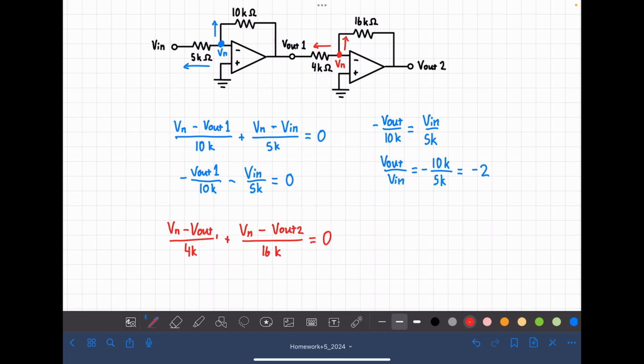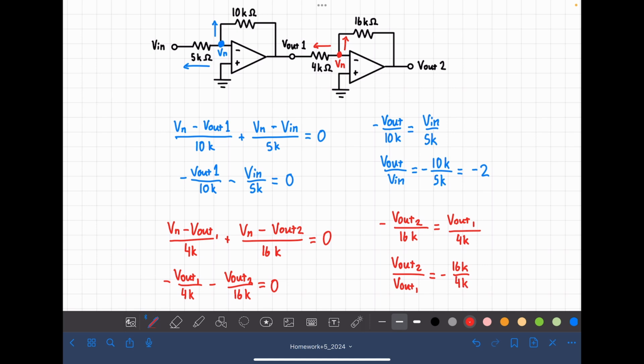So applying the same steps as before, we know our second stage gain is negative 4.